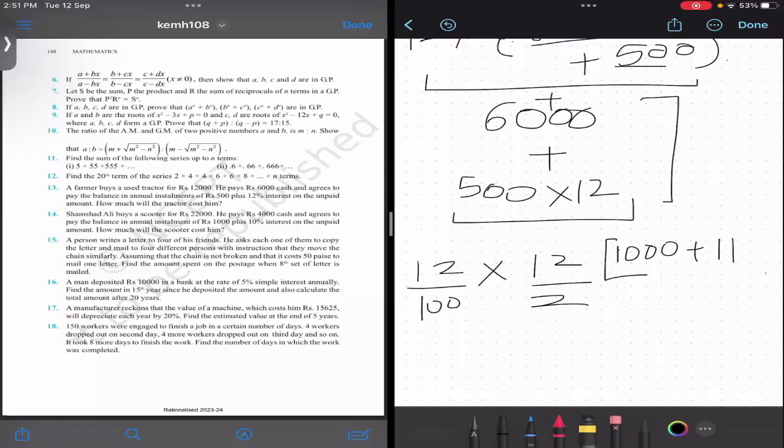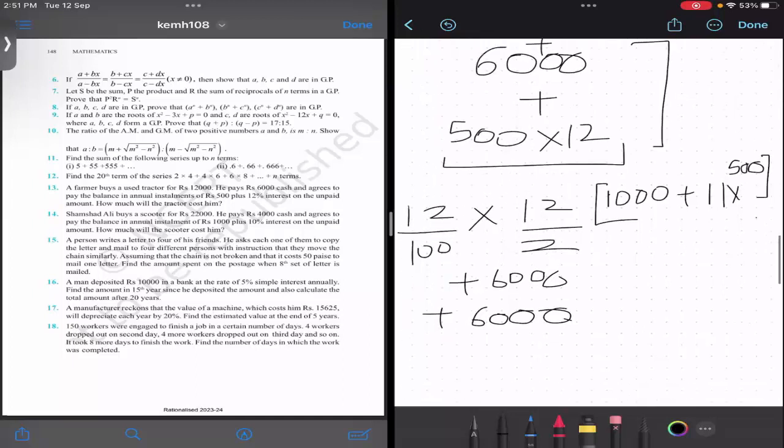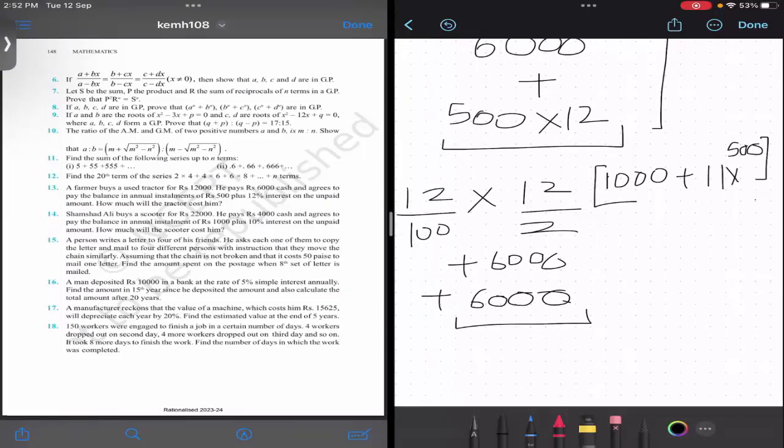So you would have n minus 1 as 11 into 500 right here, plus 6,000, the amount he paid upfront, plus 6,000, the other thing that he paid as installments, right? So this would be 12 upon 100 into this, and calculate this entire thing.